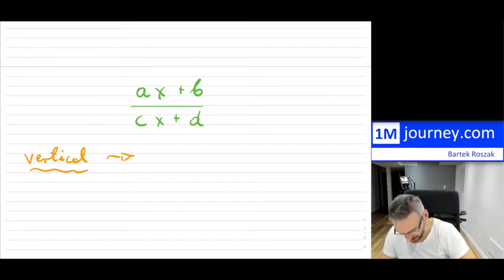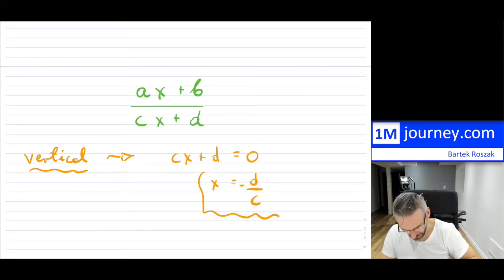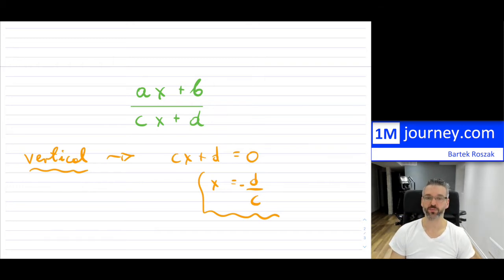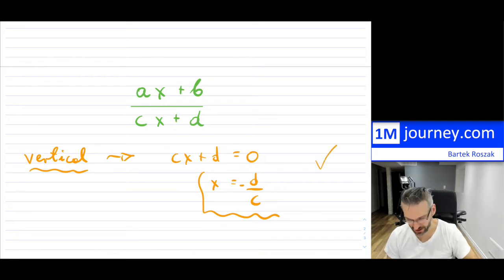It's the case when cx plus d is equal to 0, so x is negative d over c. That's where your vertical asymptote is, assuming that at that point your numerator is not equal to 0.